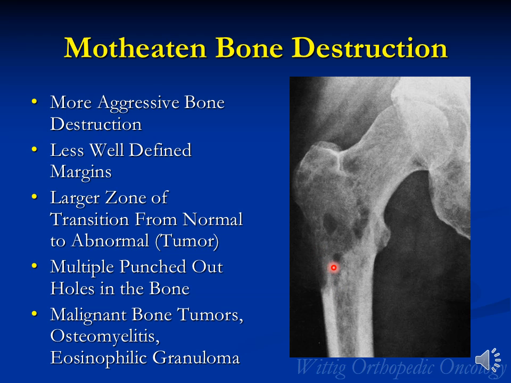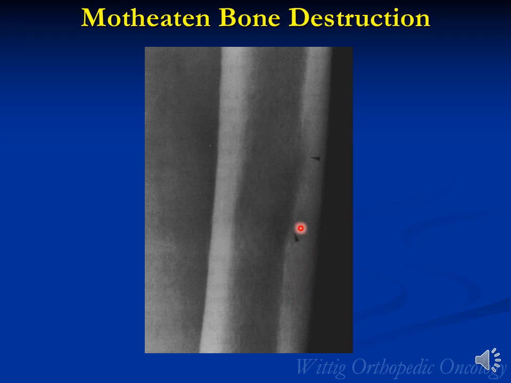But this is a classic example of moth-eaten bone destruction. You can see these areas of lysis separated by what appears to be bone that's permeated by a lesion. Here's another example, two areas of lysis separated from each other by a distance with an area of permeation in between.